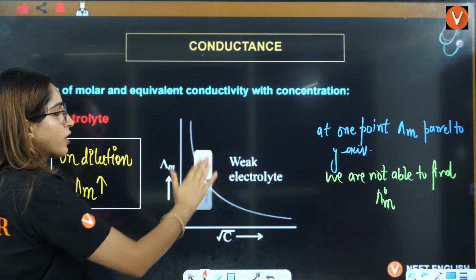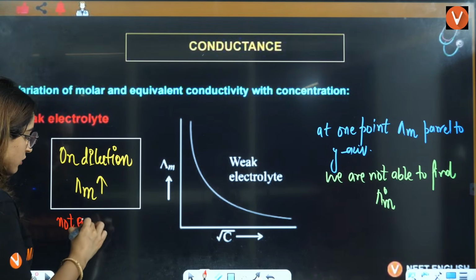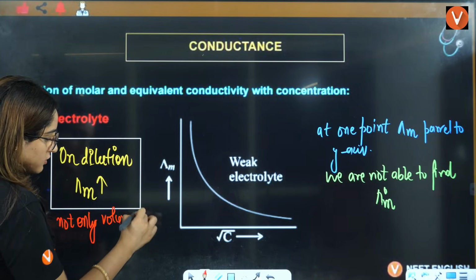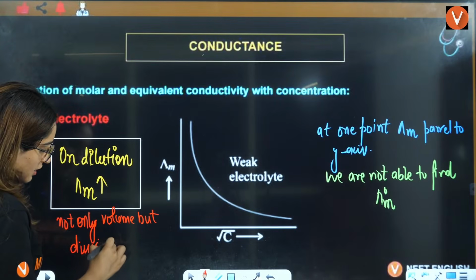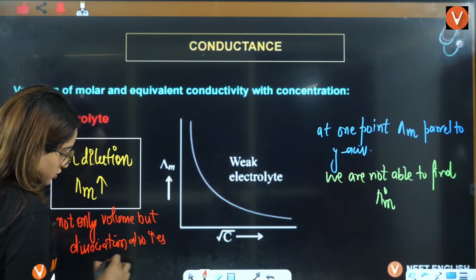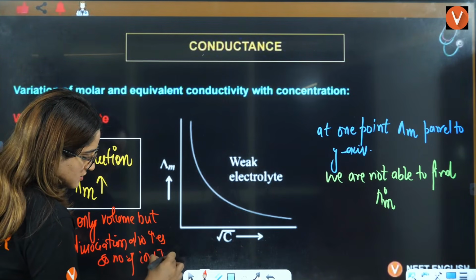Why is it so? Because in this case, not only volume, but dissociation is also increasing. Dissociation also increases, so the number of ions increases.